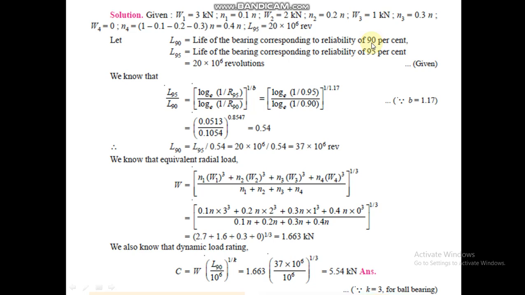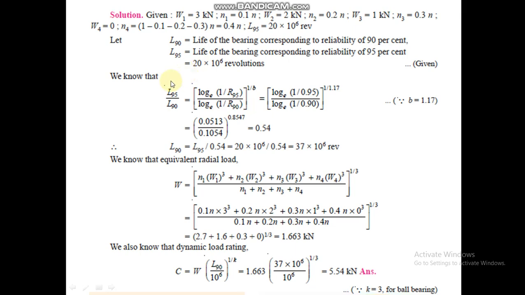So if your reliability is 90%, we write the life of the bearing as L90. L95 is the life of the bearing corresponding to reliability of 95%, which is given to us as 20 into 10 to the power 6 revolutions.